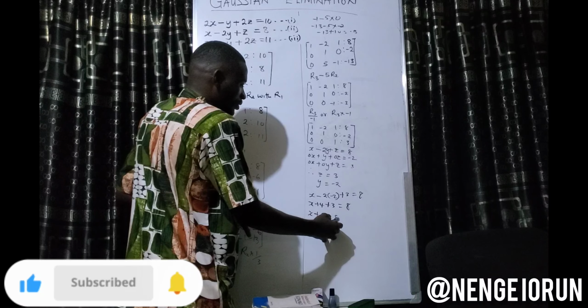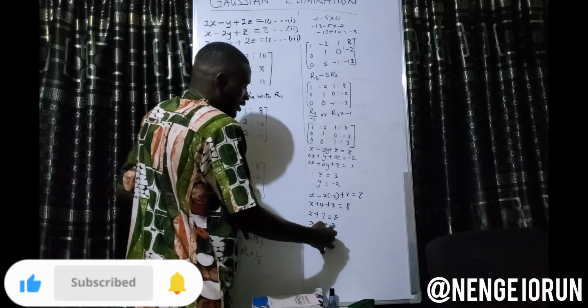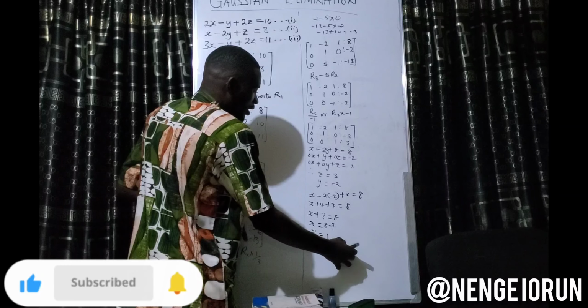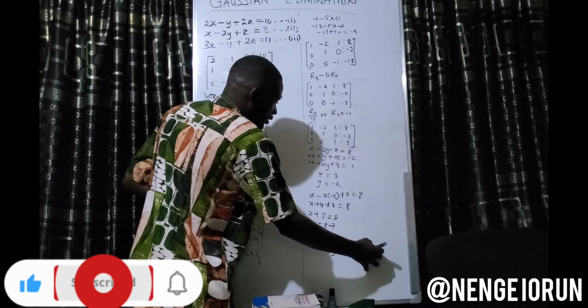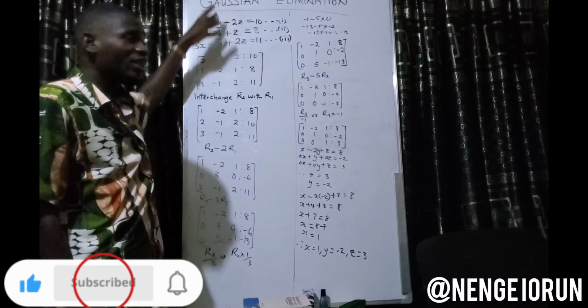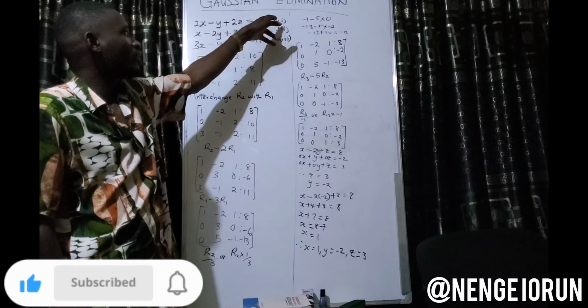Then x is equal to what? 8 minus 7. x is equal to 1. Therefore, x is equal to 1, y is equal to negative 2, z is equal to 3. So this is how to solve a set of simultaneous equations using the Gaussian elimination method.